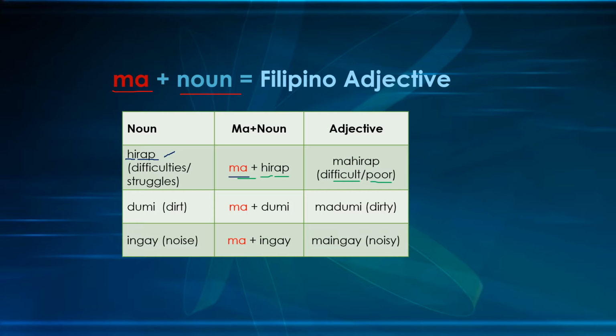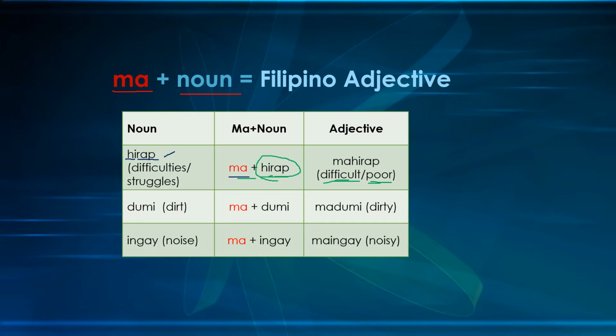Originally it is from a noun, and by adding an affix at the beginning, we will have an adjective, mahirap, which means difficult. It's like a difficult situation, or like describing a status in the economy that these people are in a poor situation.